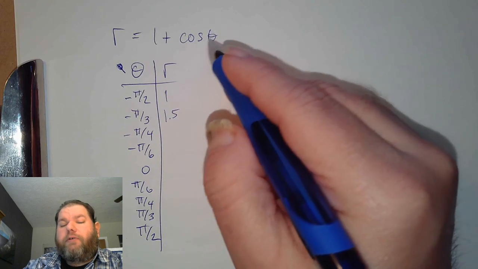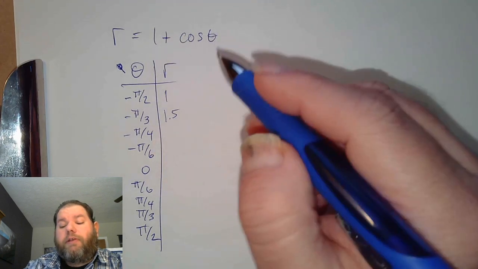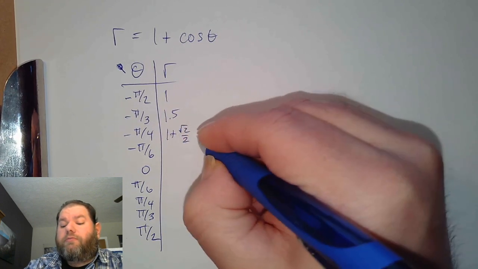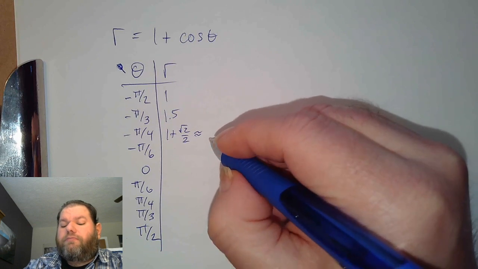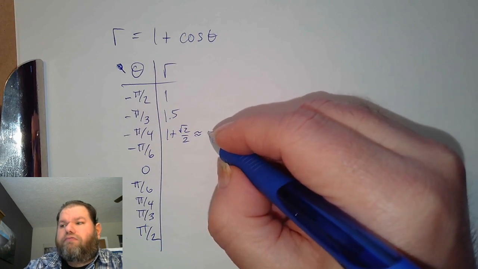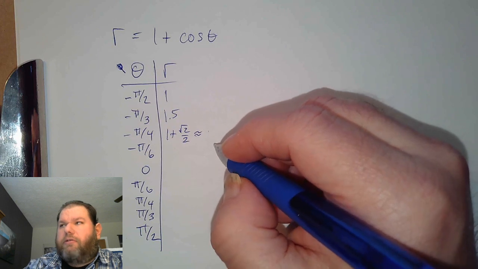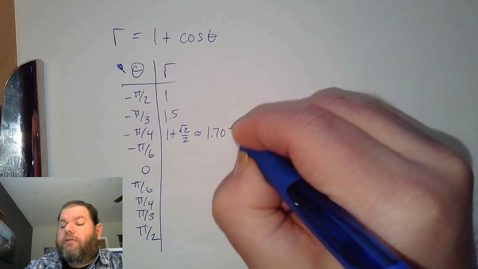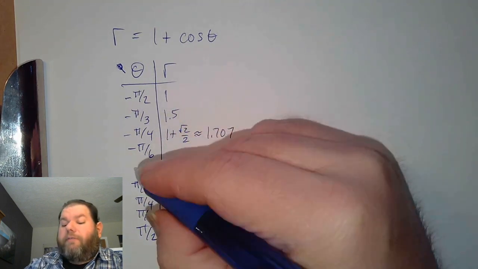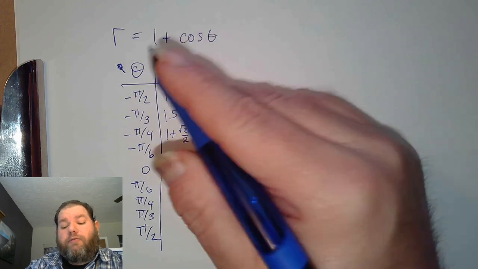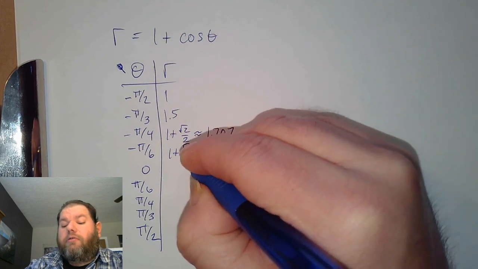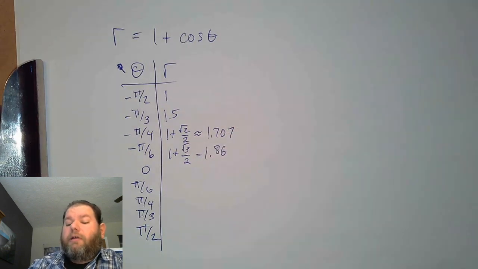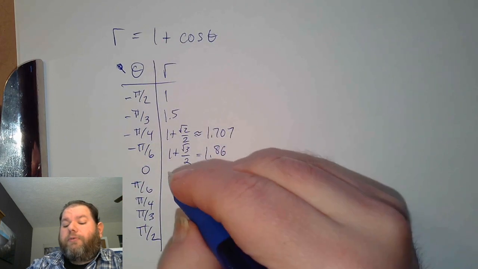Negative pi over 4, cosine of that is root 2 over 2, plus 1. 1 plus root 2 over 2, which is, what is that? 1.707, yeah. Negative pi over 6, cosine of that's root 3 over 2 plus 1. That's 1.86 something. And then cosine of 0 is 1, plus 1 makes 2.